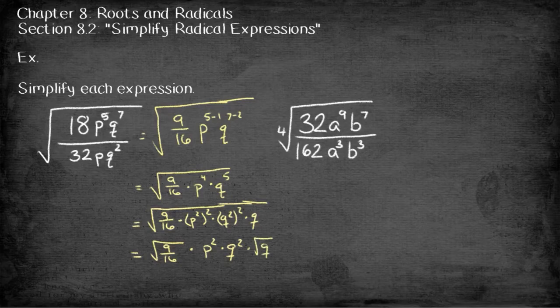Remember that quotient property of square roots means that I can take the square root of the top and bottom. So I'd have 3 over 4 times p squared times q squared times the square root of q.